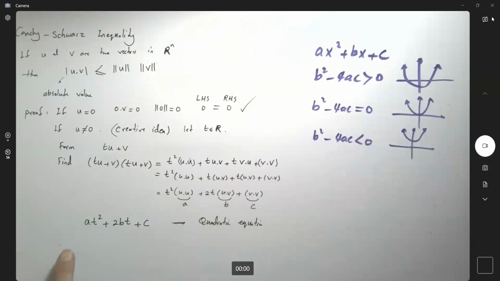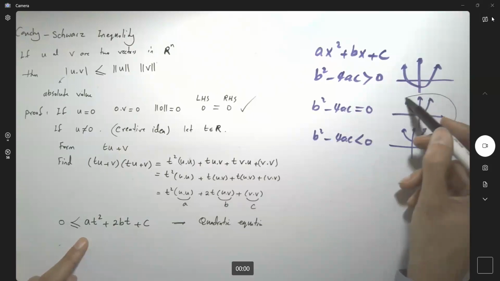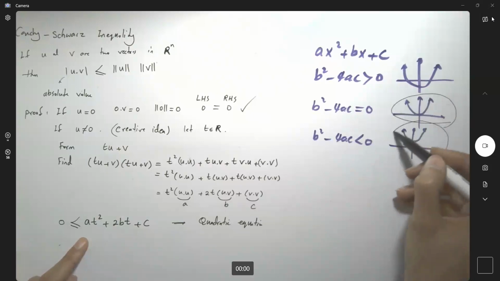But take a look at this quadratic equation here. This is always greater than or equal to 0. What's the meaning of that? It means that it either has just one intersection or no intersection.